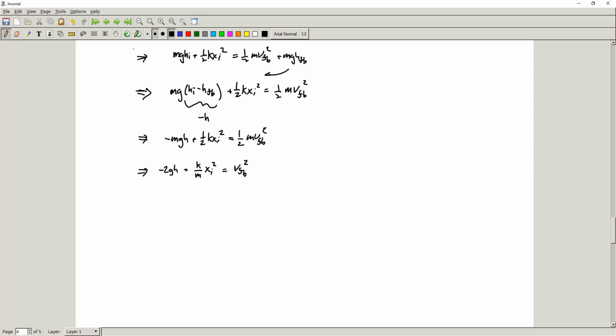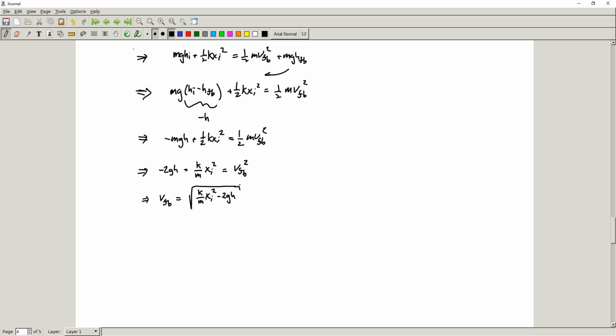Now I'm going to take the square root of both sides. We're going to select the positive root, because we want a positive velocity in the end. If we do that and I move our velocity to the left-hand side, we end up with v final b equal to the positive square root of k over m x initial squared minus 2gh.